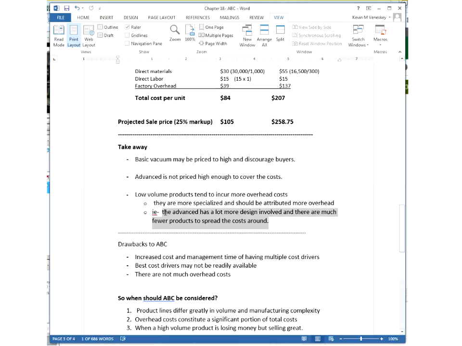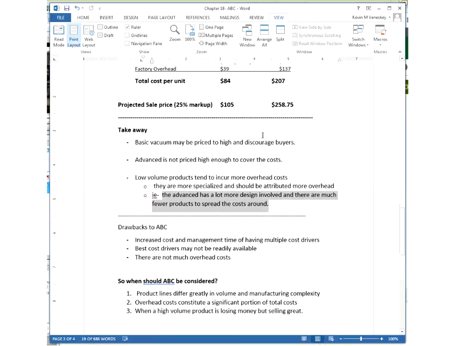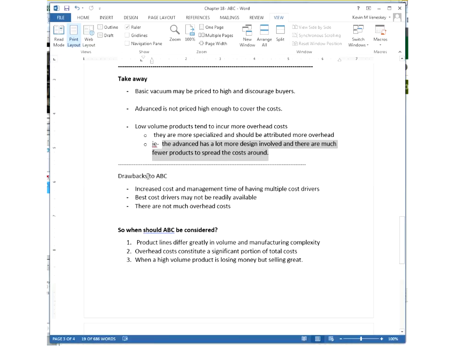And the other thing here is the more advanced something is, the more technical it requires, it's going to be a higher cost because you're having more expensive labor, more expensive products, and you need to allocate those properly instead of just evenly across all items. Then the drawbacks here, of course, as I said, there's a lot more time put in.